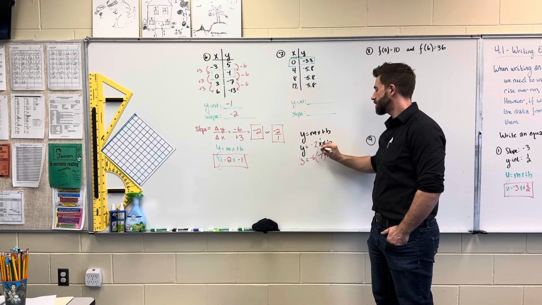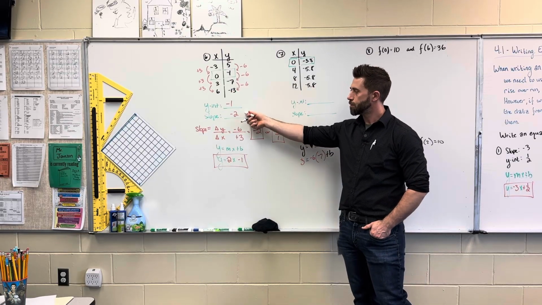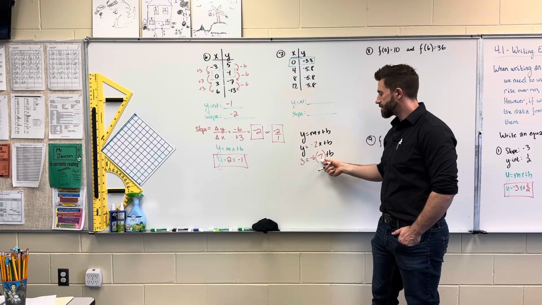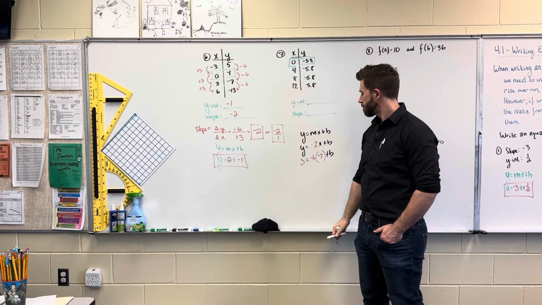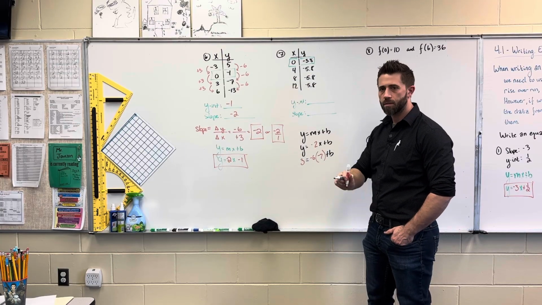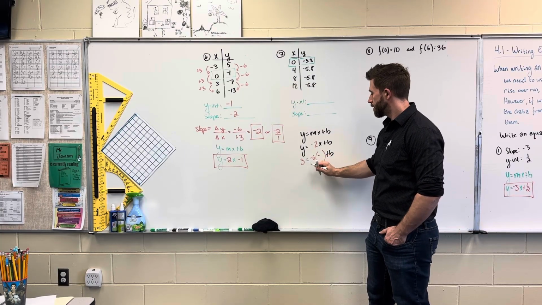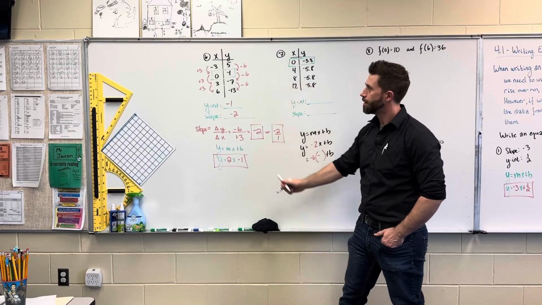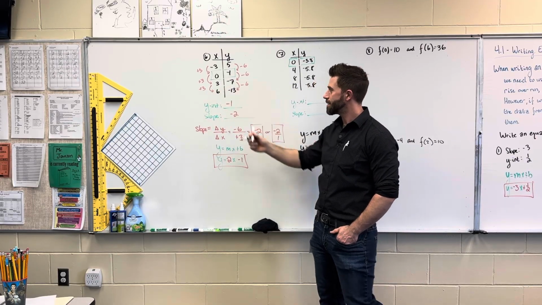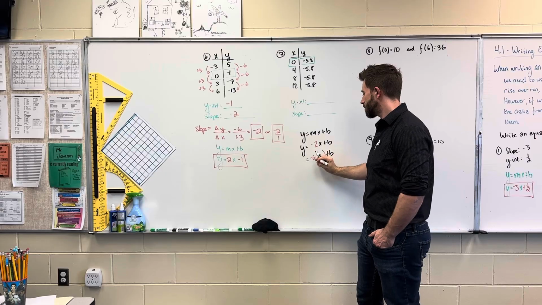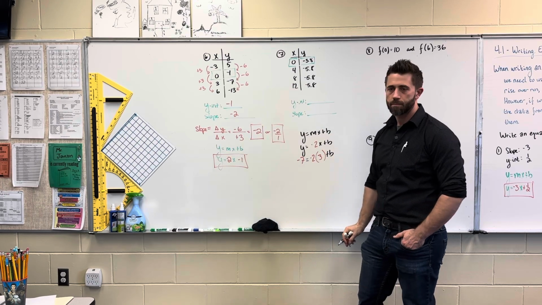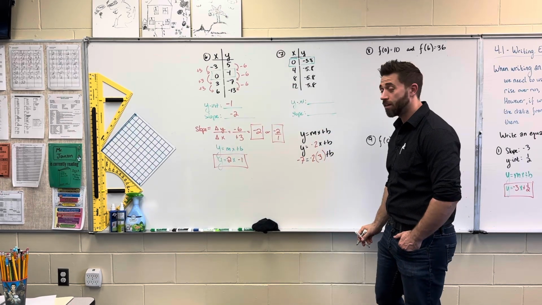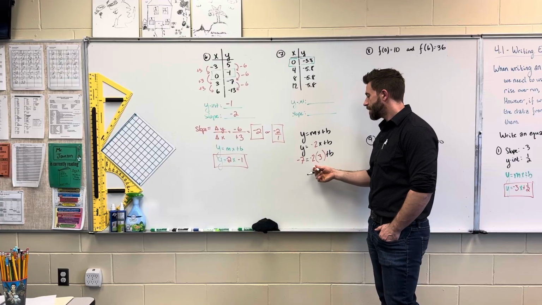My slope is negative 2, so I plug in that. Completely wrong. Little dyslexic here. My x is 3 and my y is negative 7. There we go. That's a little bit better. Long day.